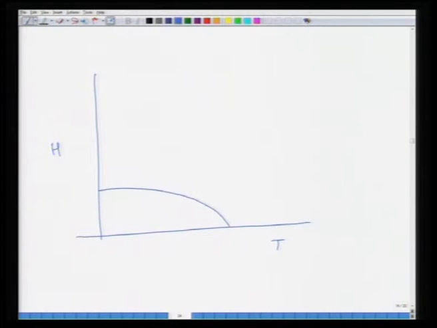So in case of type 2, again magnetic field, temperature. You have a similar effect here on the lower field side. You have Tc and then H, but what you have here is Hc1, and below Hc1 you have the superconducting state.